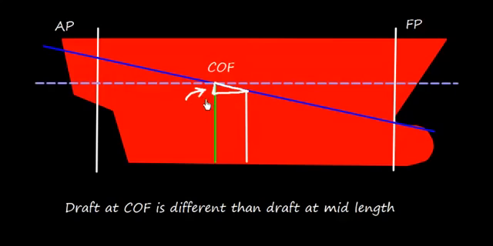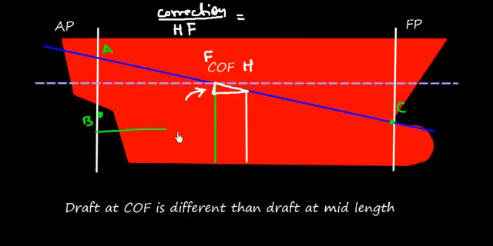So the correction divided by this distance, and let me use the letters HF, where F is the center of flotation and H is the mid length, is equal to, now let's take the big triangle and mark here this is A, this one as B and this one as C.